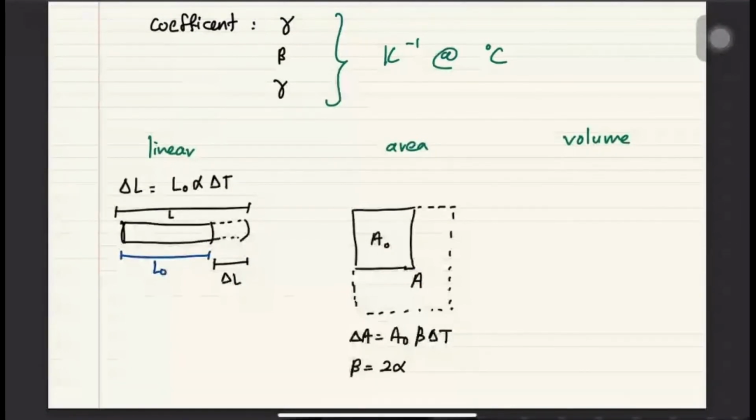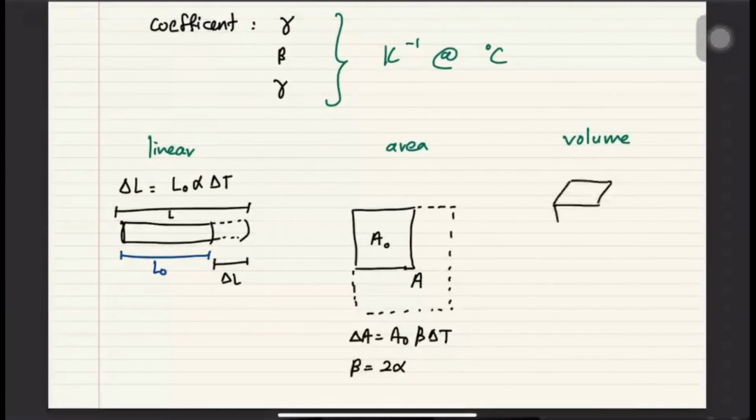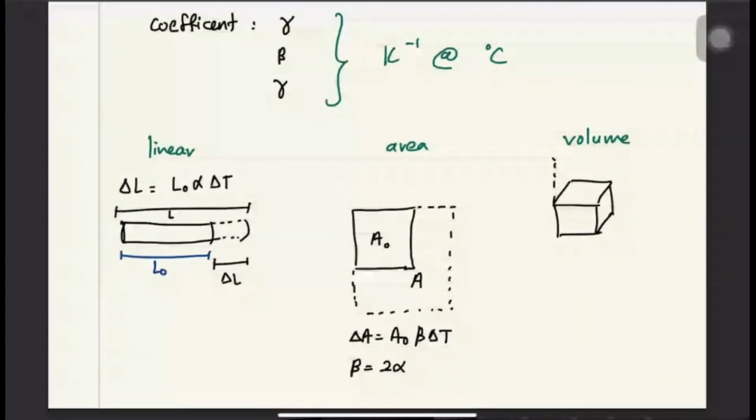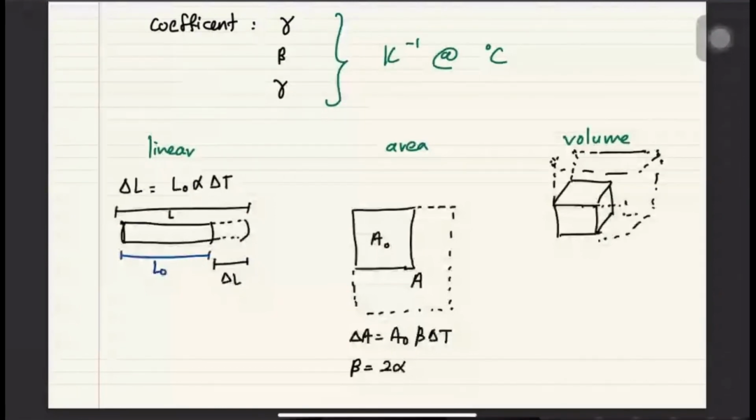And then volume expansion. Again, doesn't have to be cube ke rectangle ke apa ke. It could literally be any shape. Tapi kalau yang ni dia punya expansion in 3 dimensional. Dia ke atas bertambah. Ke kanan pun bertambah.